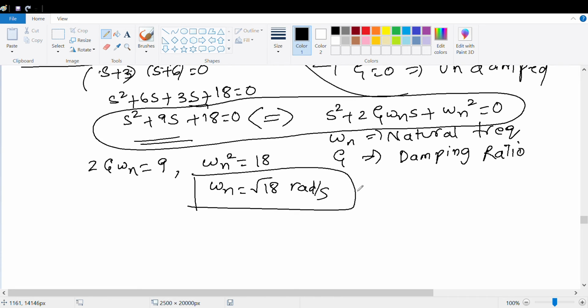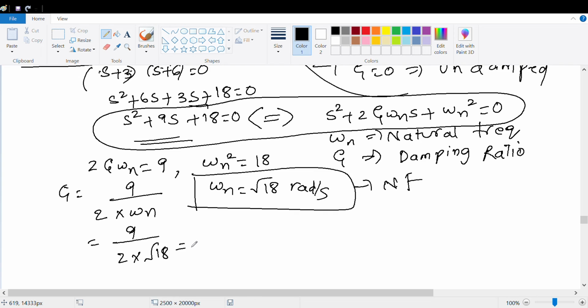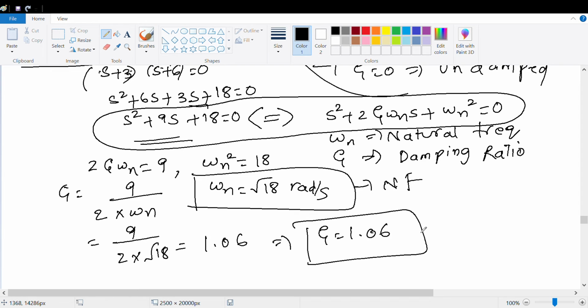This is the natural frequency, and the damping ratio zeta is 9 / (2ωn). 9 by 2 times ωn, which is square root of 18. Let's find out. It's 1.06, so therefore zeta is 1.06. So we got the damping ratio and natural frequency.